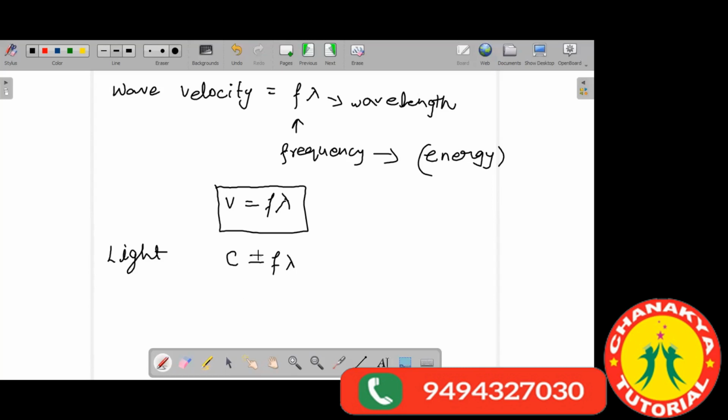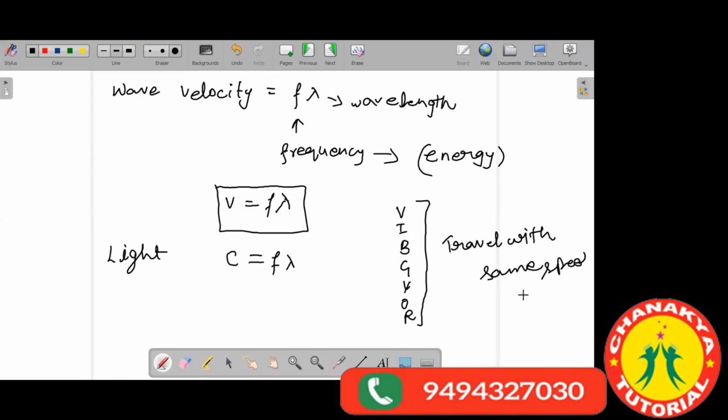Whether you are talking of red light, violet light, whatever light, VIBGYOR, I'm talking of VIBGYOR in air, all these colors travel with the same speed in air.